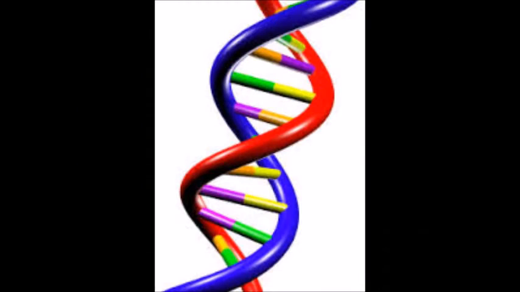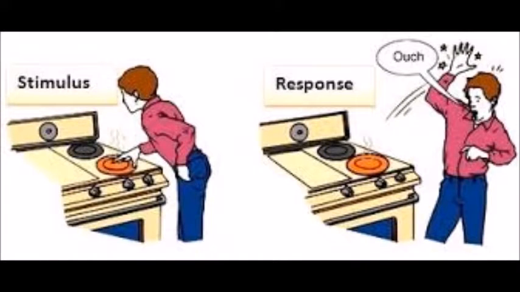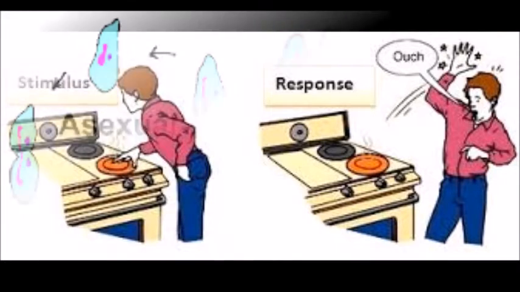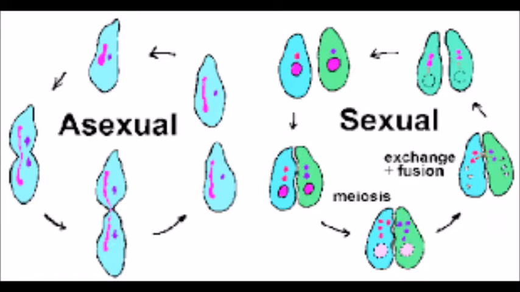The code living things are based on is called DNA. The response of living things to the environment is called a stimulus, which is basically a signal to which an organism responds. They reproduce by either sexual reproduction or asexual reproduction.